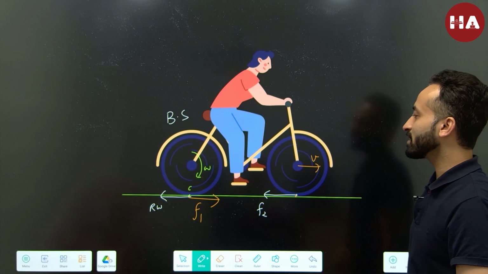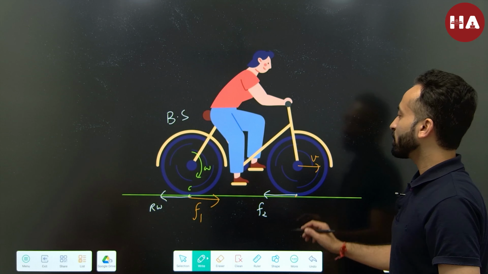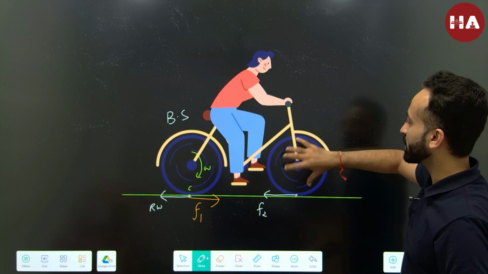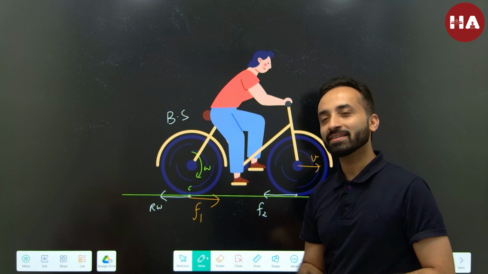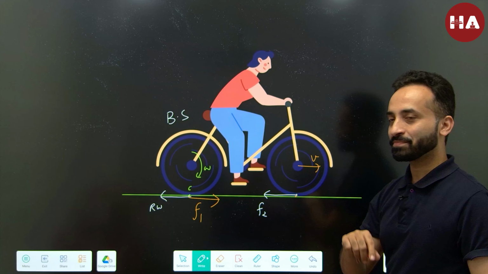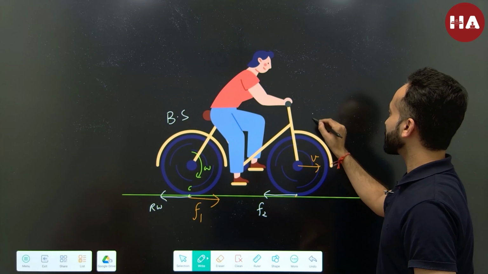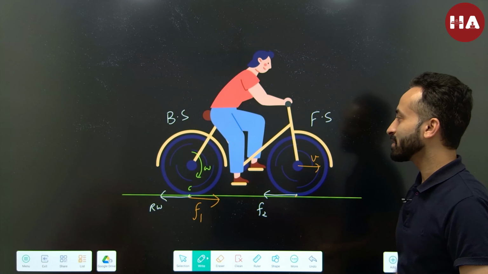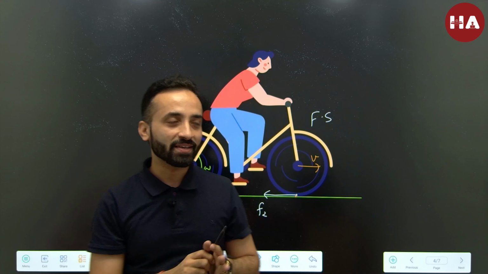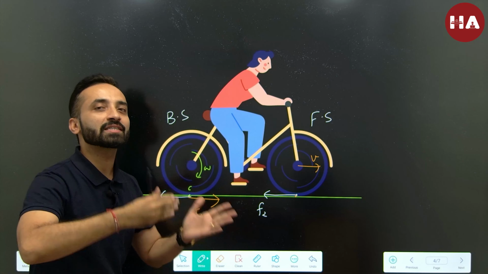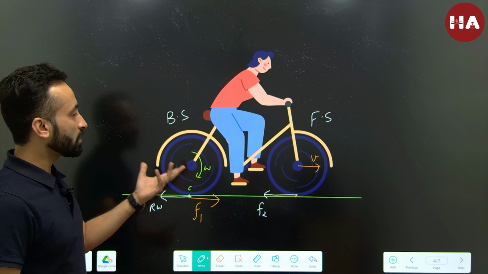When friction acts in the backward direction, this wheel will get a clockwise torque, so it will start rotating. So in a way, this is forward slipping. What better example can we think of than this, where we are seeing both forward slipping and backward slipping at the same time?